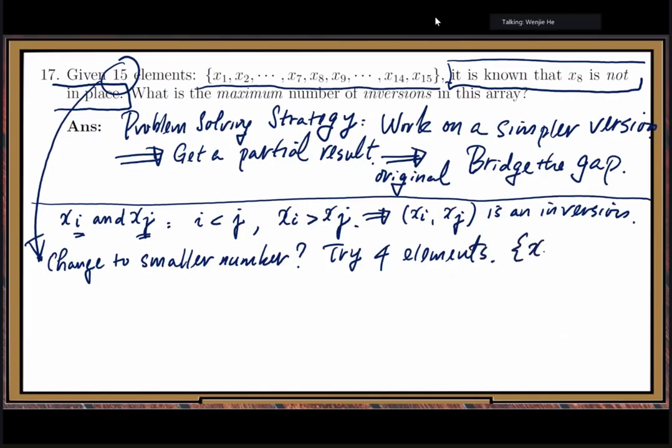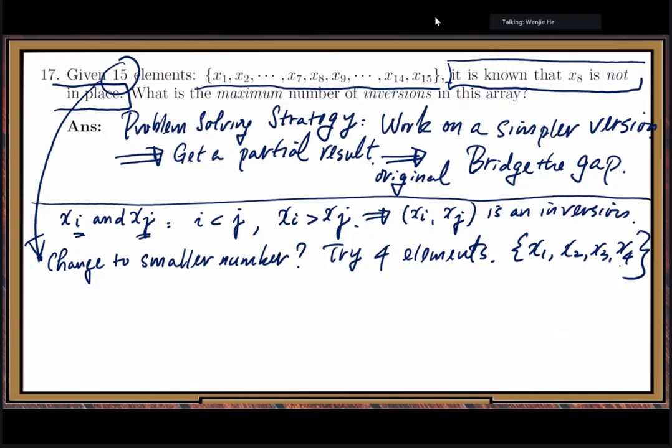If you only have 4 elements, can you find the maximum number of inversions?